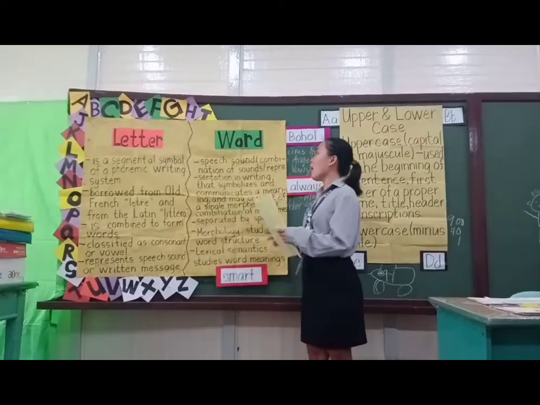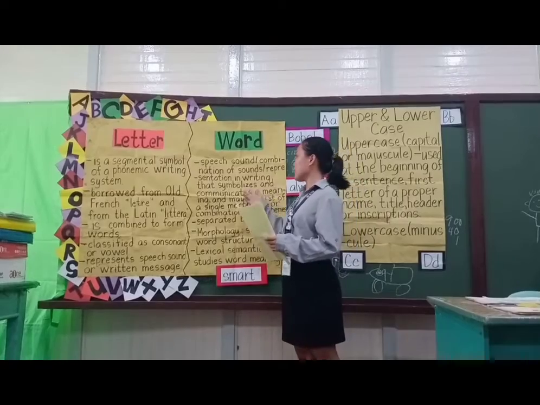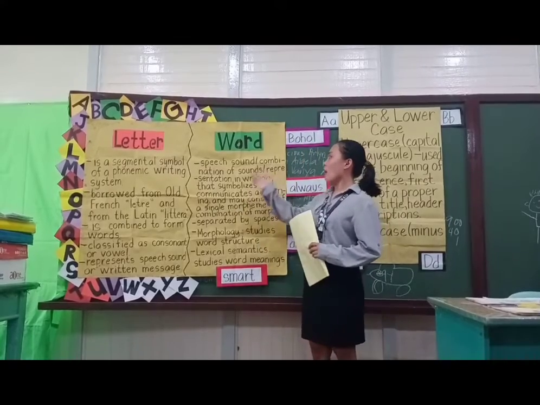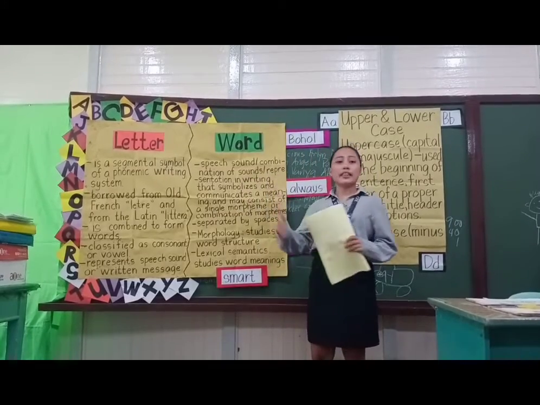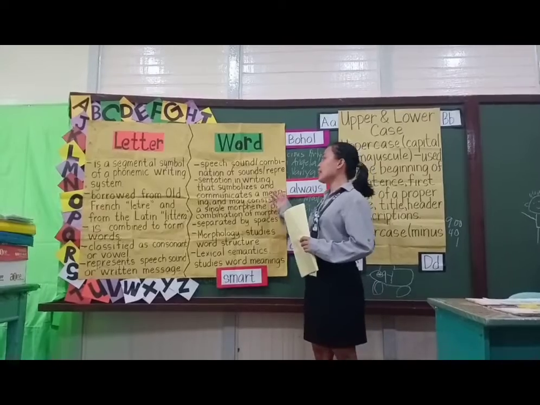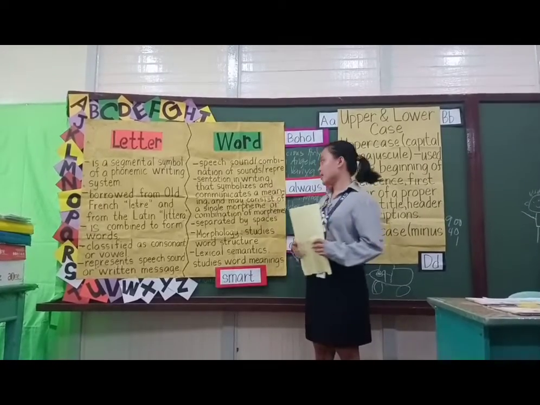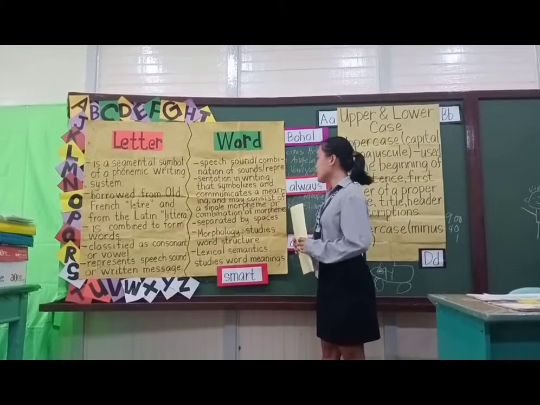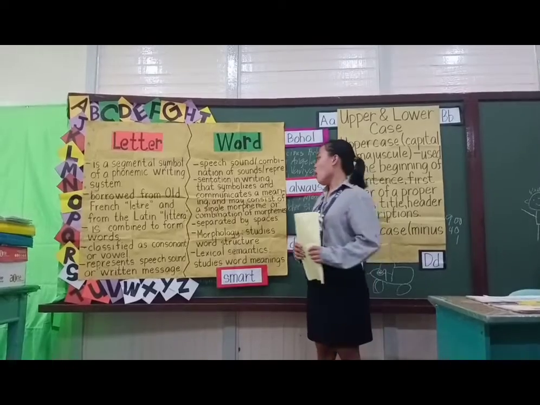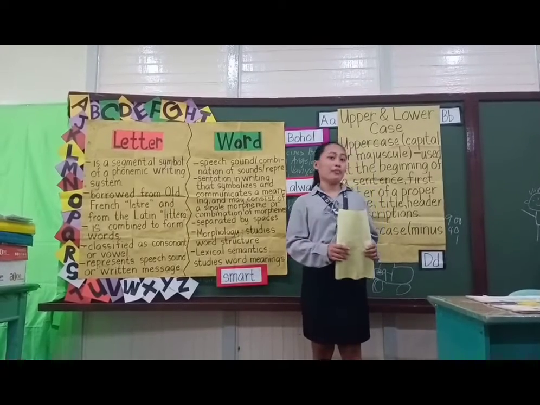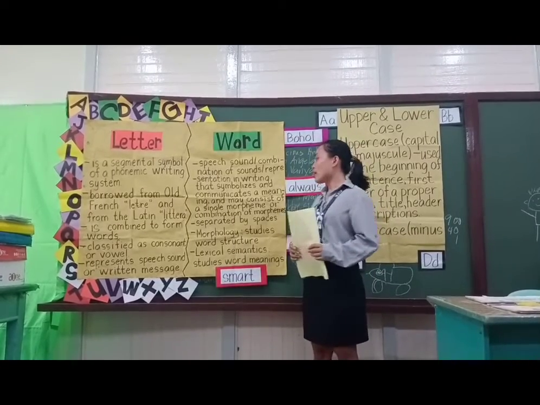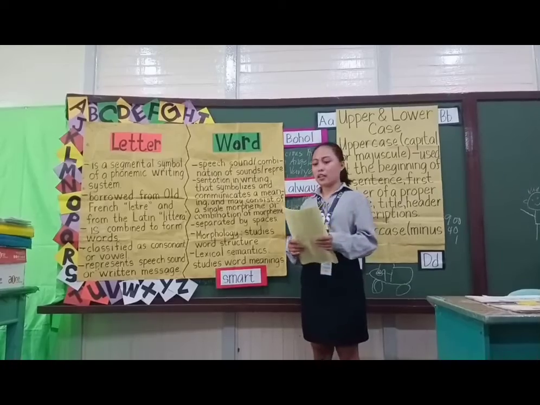What is a word? A word is a speech sound, combination of sounds, or representation in writing that symbolizes and communicates a meaning and may consist of a single morpheme or combination of morphemes. So, what does morpheme mean?